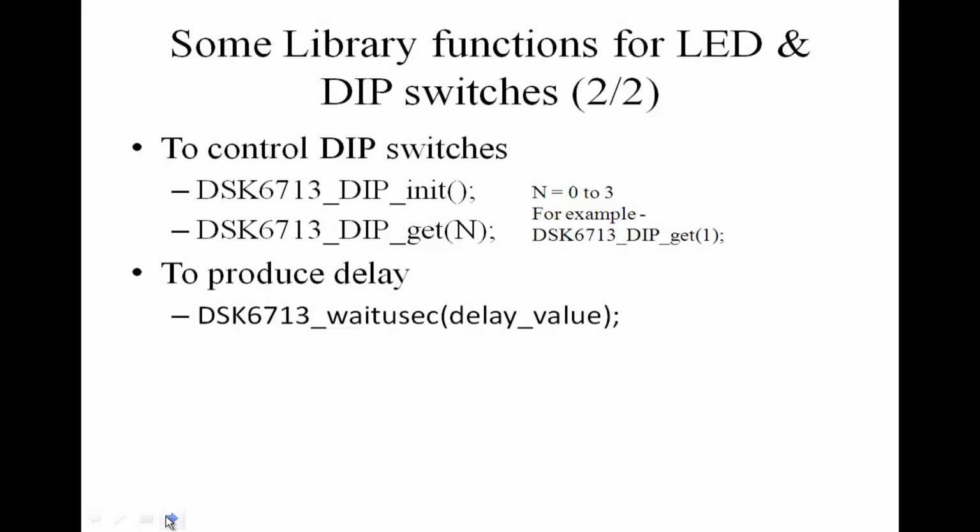Same, we have 4 switches, so we can use 0, 1, 2 or 3. To produce the delays, in our case we are going to use the LED blinking program, so we need some functions to produce delay. Here is the function DSK6713_waitusec. The delay value can be any value, it may be 2 lakh, 1 lakh, depends. It's in microseconds, so we can select our delay value.